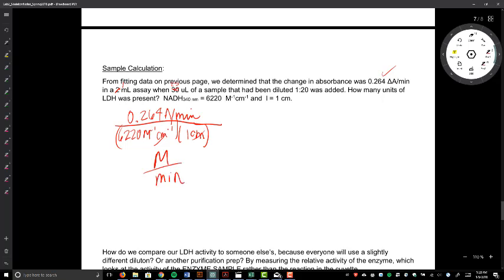So next we have to convert molar per minute to micromolar per minute. We do that by multiplying by 10 to the 6th micromole per mole.